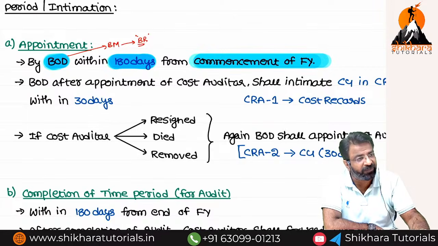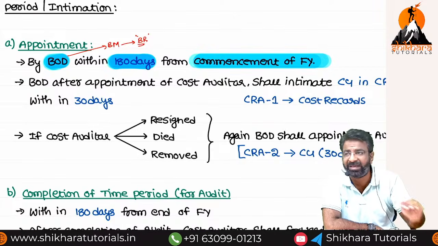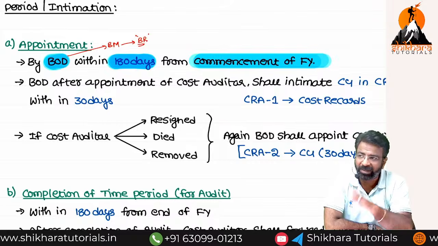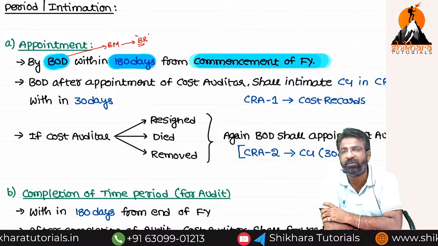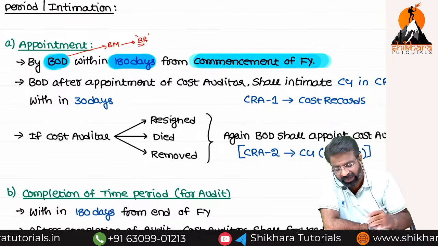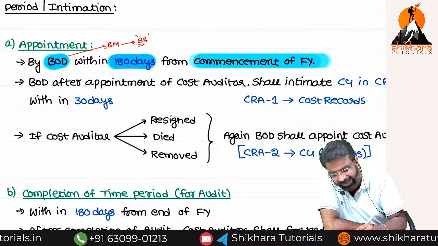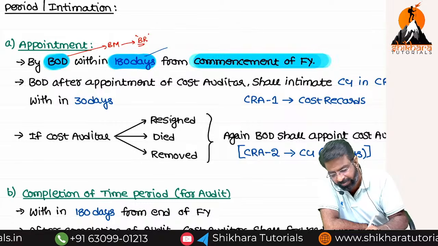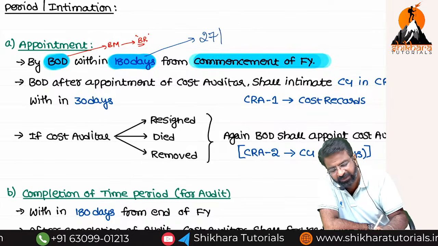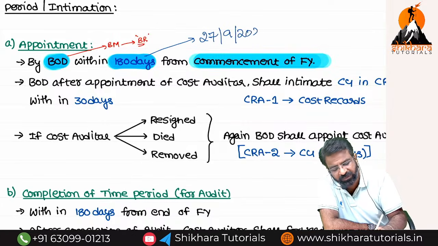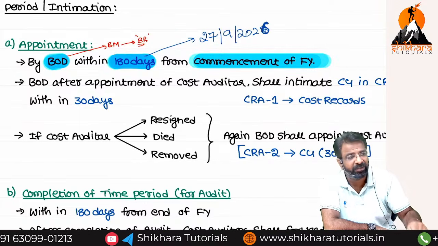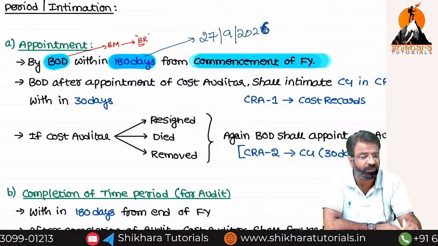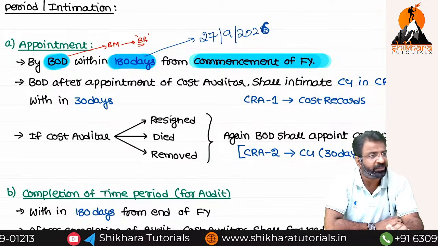After 31st March 2027. We appoint him in advance, but he will start doing the audit after the end of the financial year. So tell me, as per exactly 180 days, what is the date coming? 27 September 2026 is going to be the last day by which the cost auditor must be appointed. Is it clear to all of you?